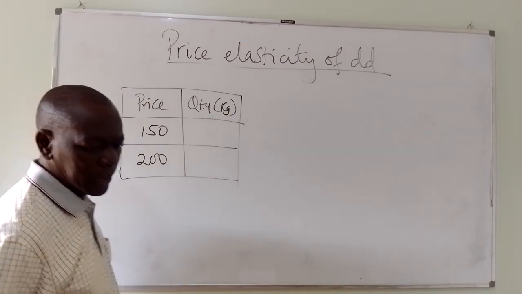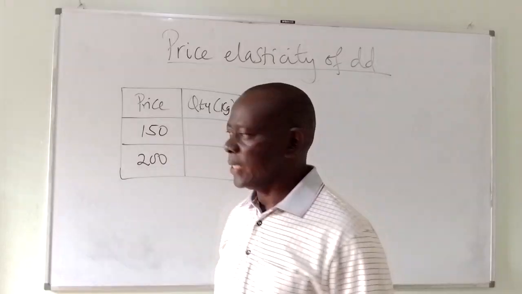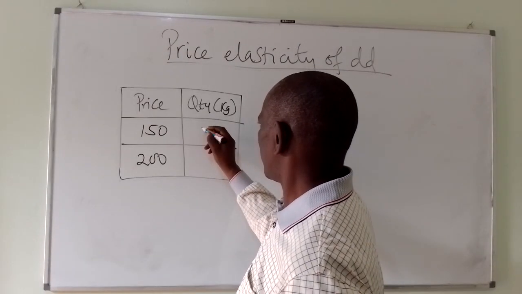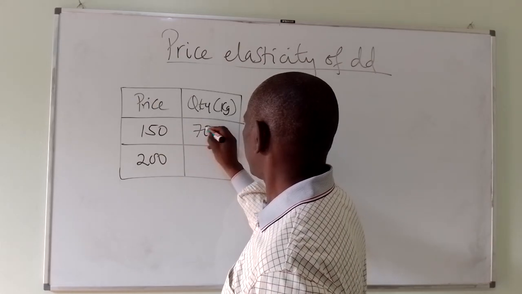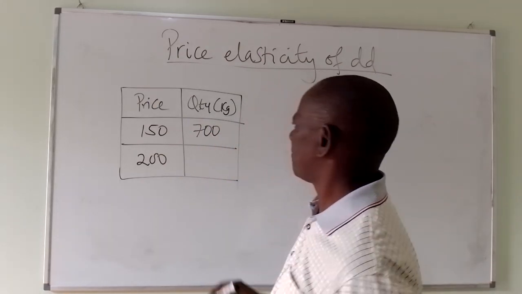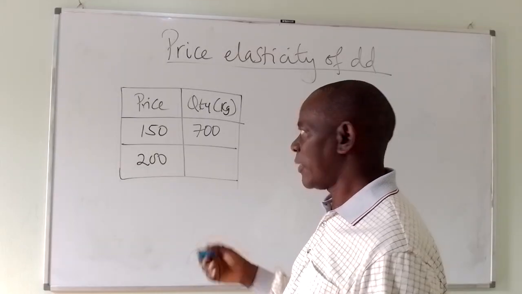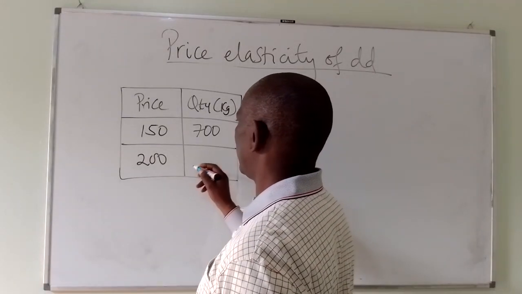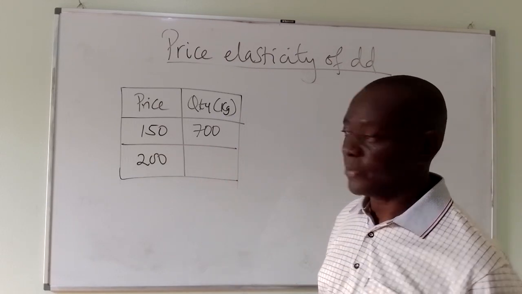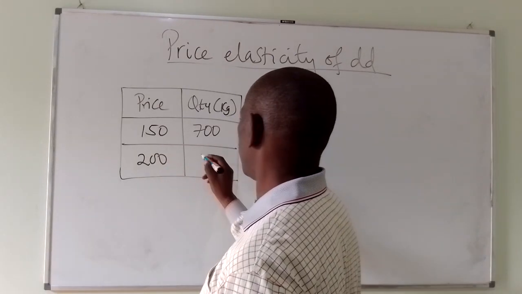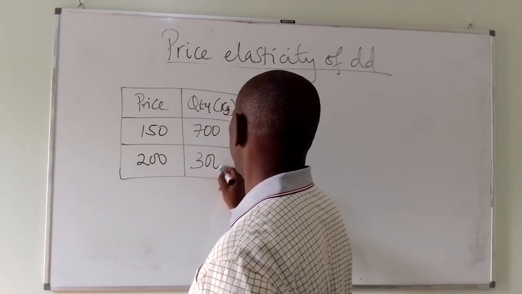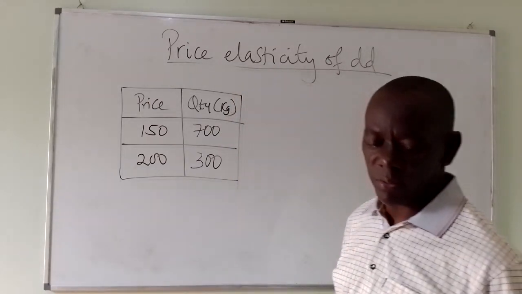At that price, we are buying 700 kilograms of whatever you may need. And then when the price went up to 200 shillings, the demand went down to 300 kilograms.